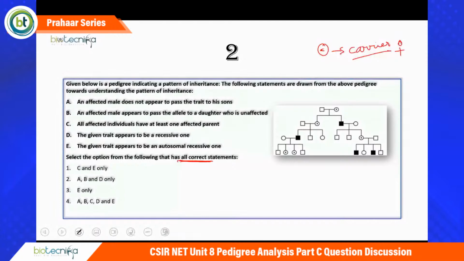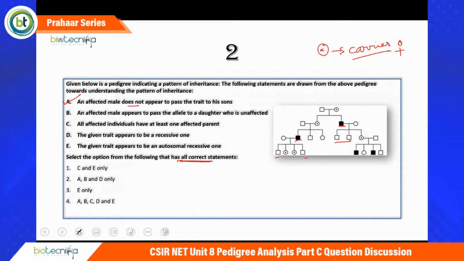So what do we see here? Let's check each of these statements one by one. An affected male does not appear to pass the trait to his sons. Yes, this male is affected, but none of his sons are affected. So this statement seems true. Statement B says that an affected male appears to pass the allele to a daughter who is unaffected.